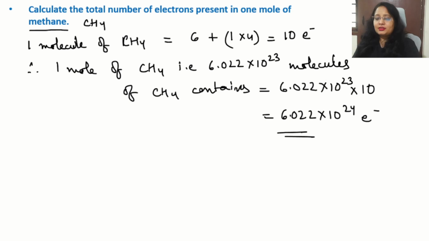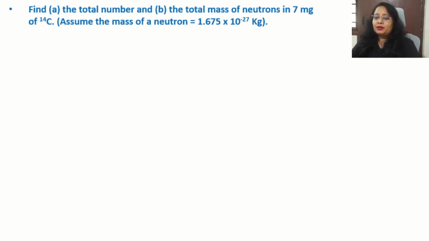This is the answer for the first part of the question. We have 6.022 into 10 to the power 24 electrons in 1 mole of methane. Now, this is very easy. Come up to the second part.